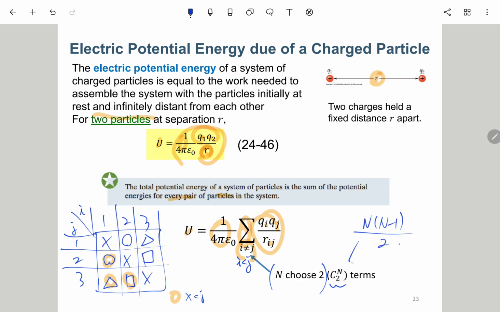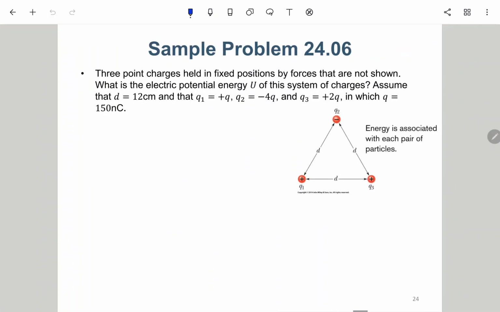If n is 3, that is 3 times 2 over 2, which is 3 terms. So this is a simple example.